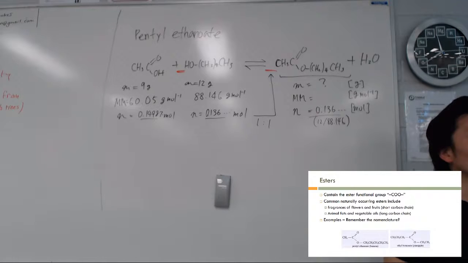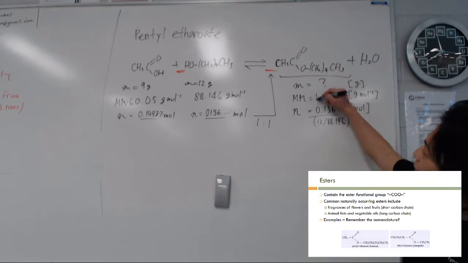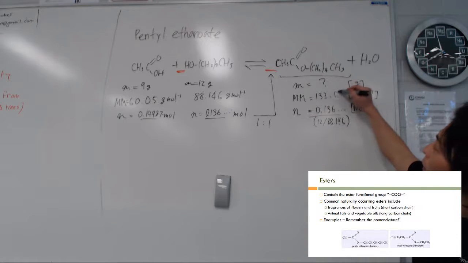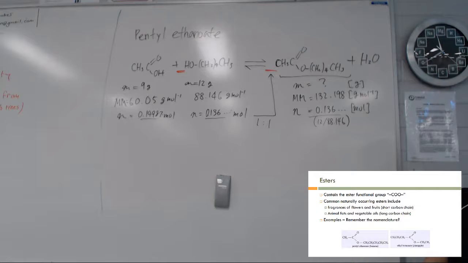132.198. Okay. Now looking at the unit, grams per mole and mole, if you multiply them together, grams should be left here. So if you multiply that by 12 over 88.146, what do you get?